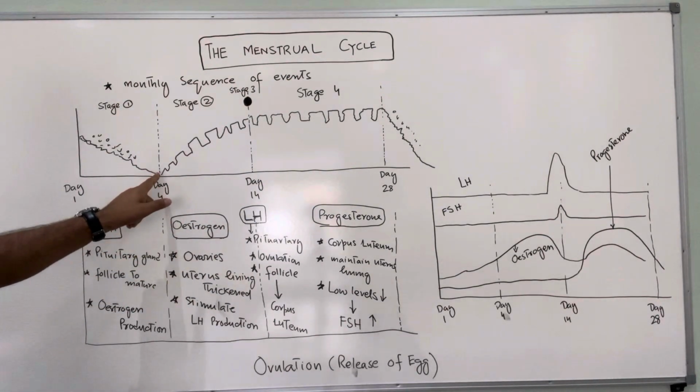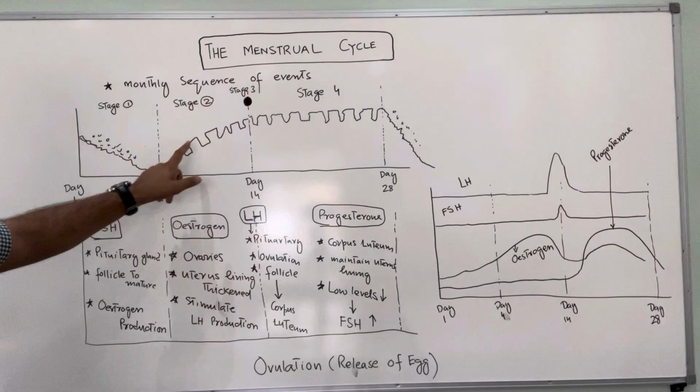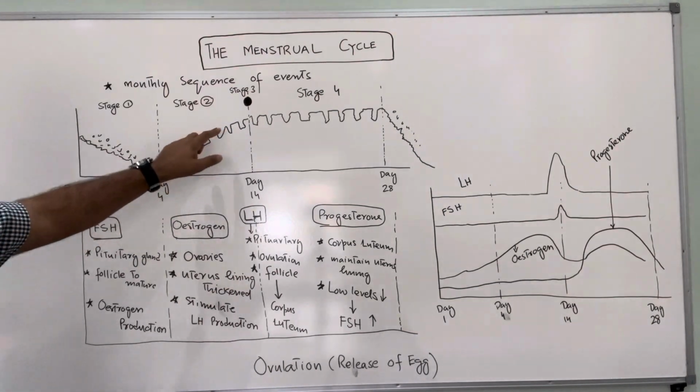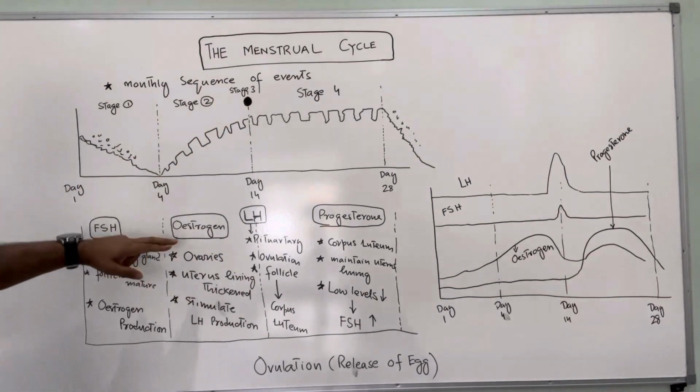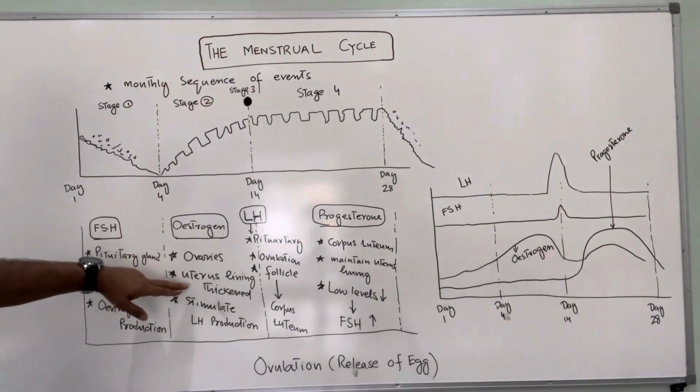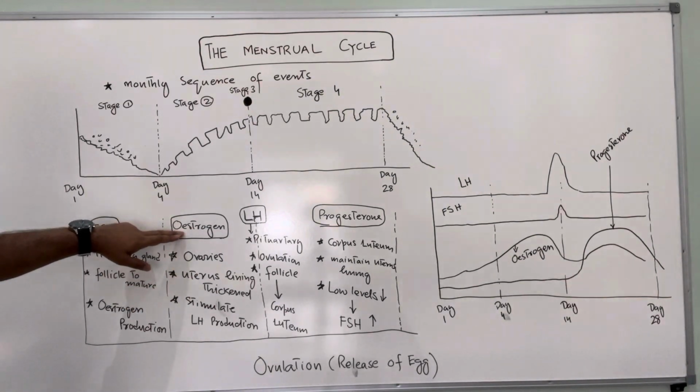So the second stage involves the regrowth of the uterus lining, and which hormone is involved in the thickening and the regrowth of the uterus lining? That is called estrogen.